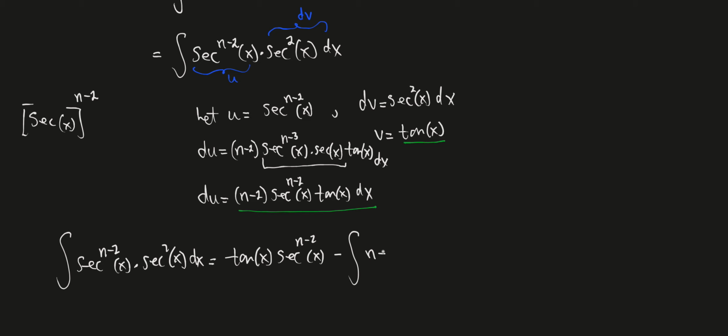So we have n minus 2, and then secant to the n minus 2 of x, and then I have a tangent squared of x, and then times dx. Right? Now, this n minus 2 is a constant, so we can pull that out, right?